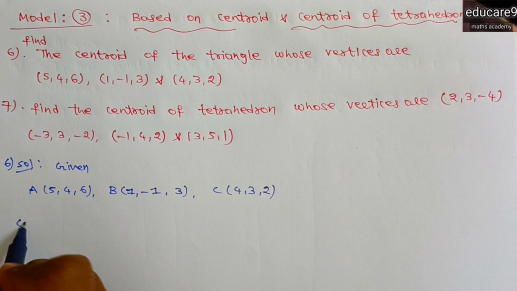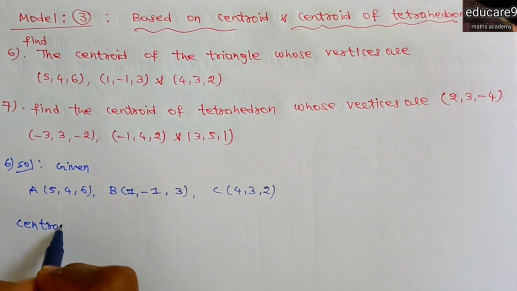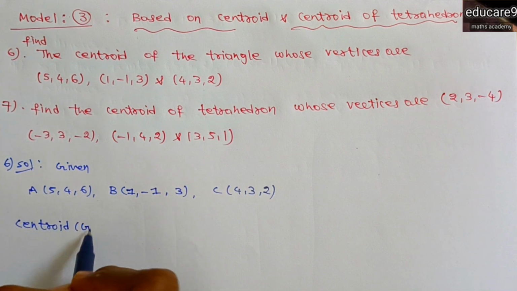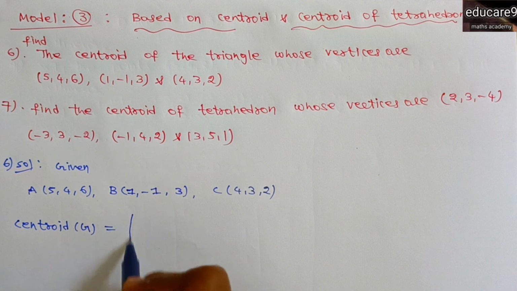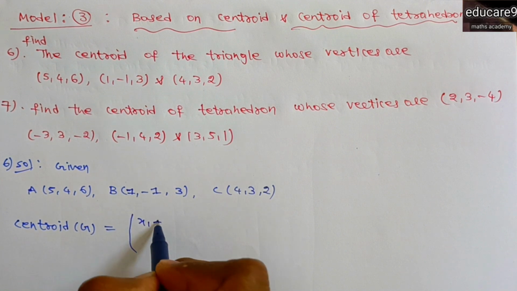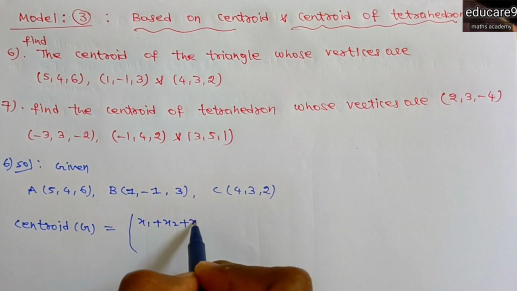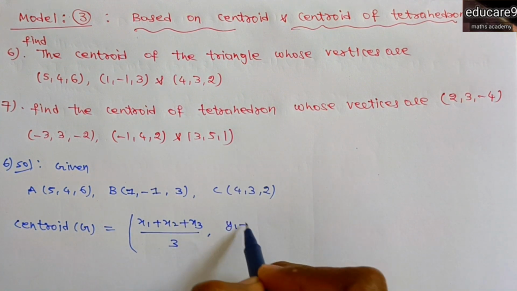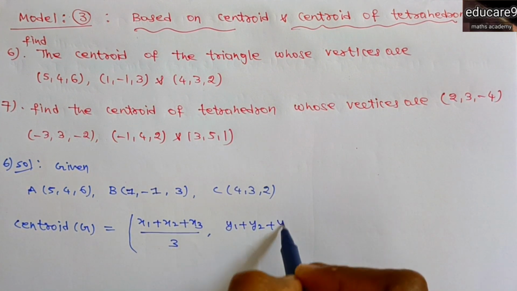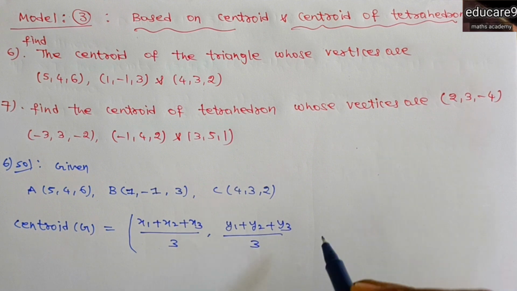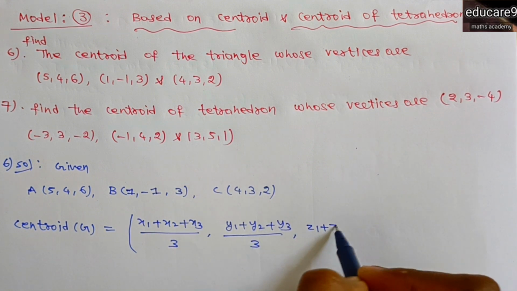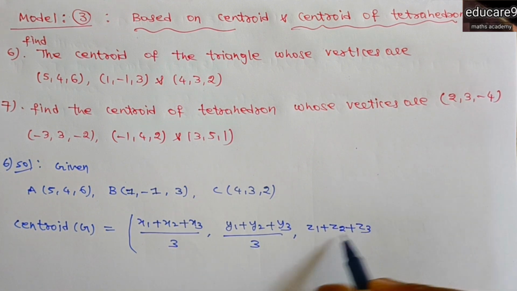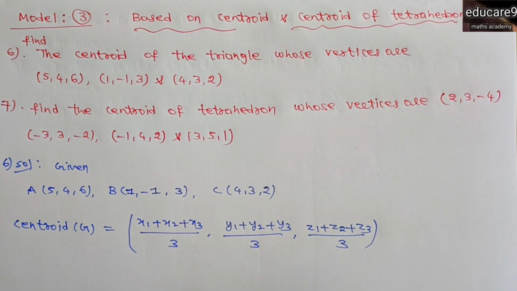So here we know that centroid formula, G is equal to, formula is x1 plus x2 plus x3 by 3. Next y1 plus y2 plus y3 by 3. Next z1 plus z2 plus z3 by 3.